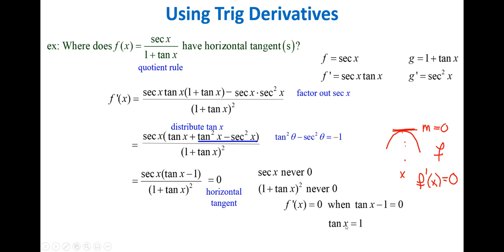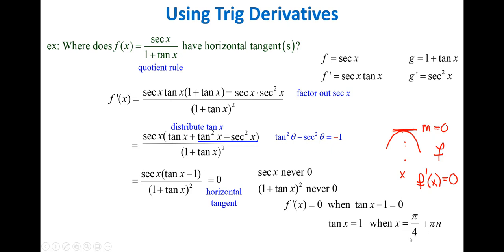Well, when the angle of rotation is pi over 4, that would be the case. Therefore, x is equal to pi over 4 would be one of the solutions, but of course there are infinitely many periods, so therefore this is going to repeat itself every pi, because pi is the period of tangent.